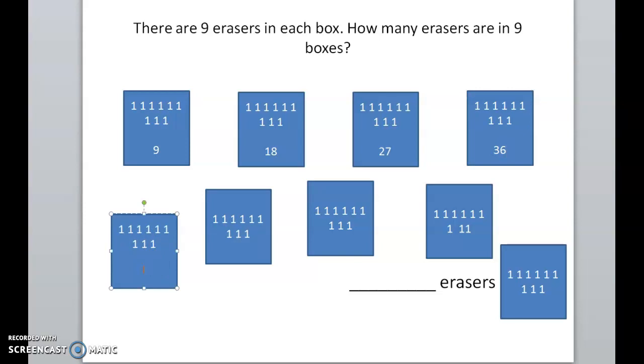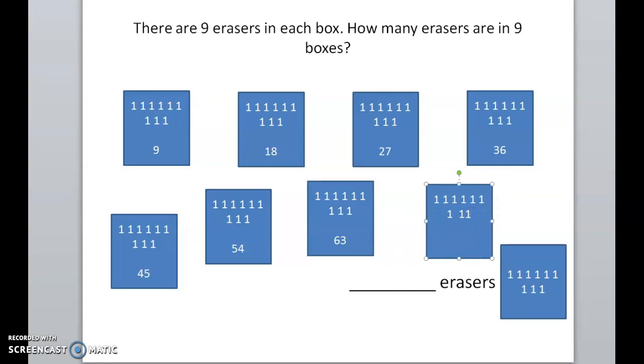This is going to be 45. This will be 54. This will be 63. This is 72. This is 81. So we have 81 erasers.